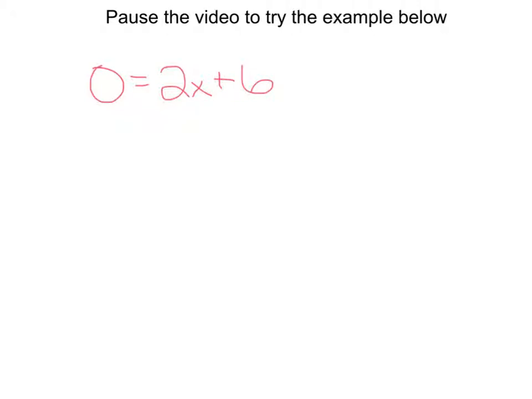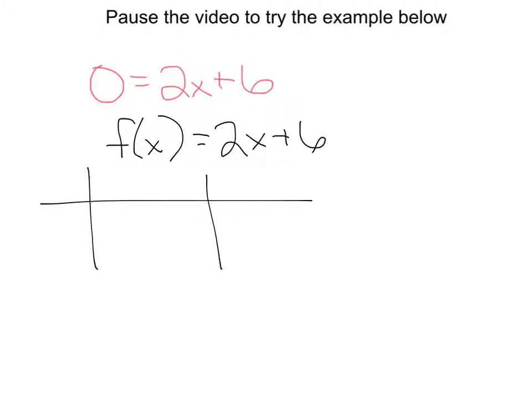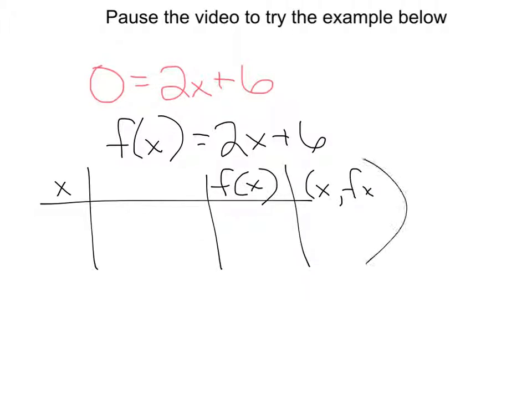Pause the video to try the example below. Solve the equation by graphing. So the first step is to find the related function. You have to set the equation equal to 0, which it already is. So the function for this would be f(x) equals 2x plus 6. So we create our table, and 2x plus 6 goes in the middle.